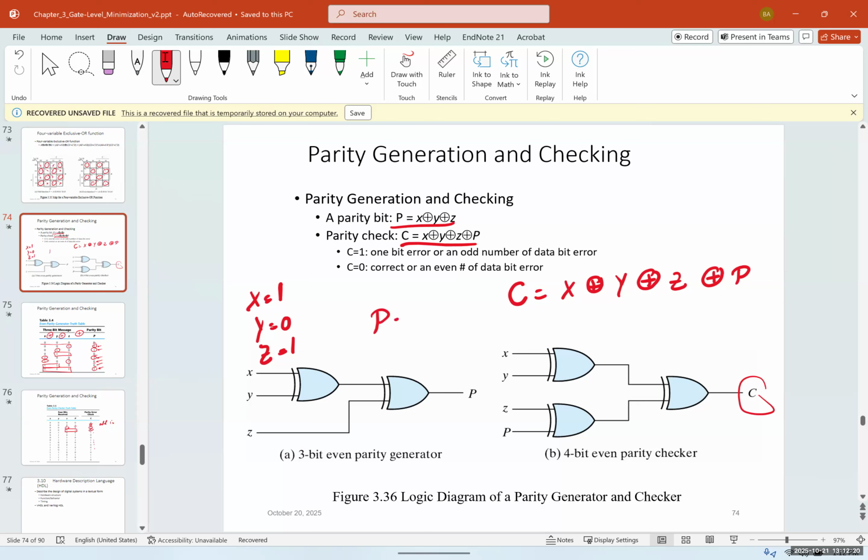I want you to find P and C. So X, Y, and Z are 1, 0, 1. I want you to find P, the parity, and I also want you to find C, which is the check error.